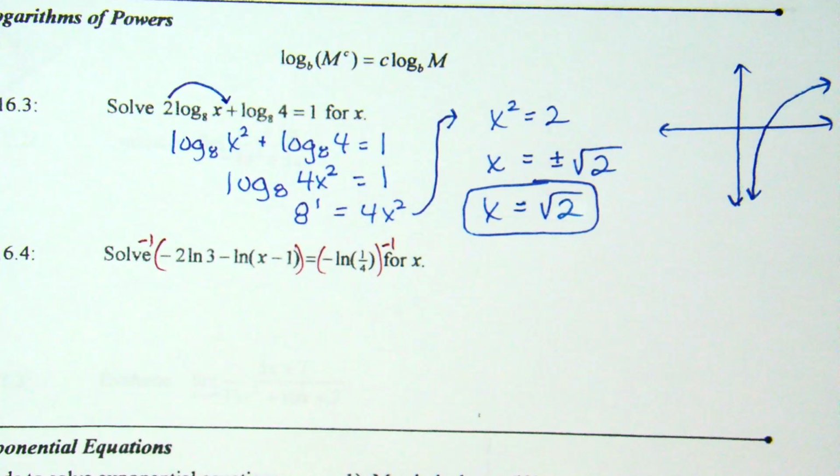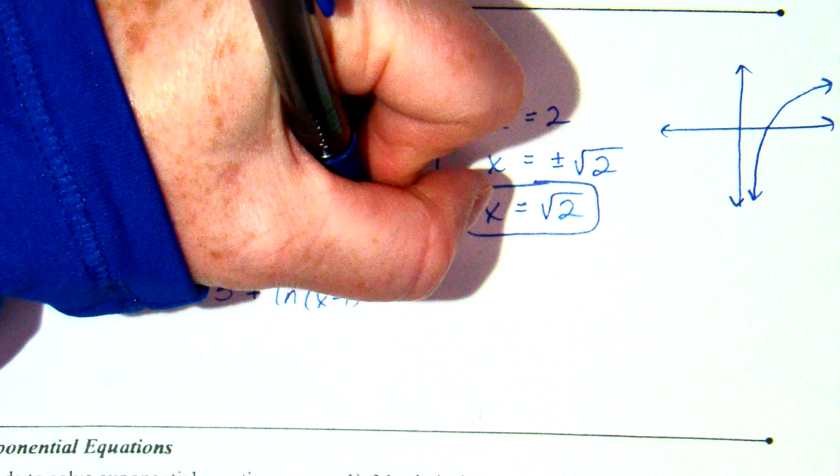So -2 natural log of 3 becomes +2 natural log of 3. Minus natural log of x minus 1 becomes plus natural log of x minus 1 equals positive natural log of 1/4. Notice multiplying by that negative does not change the insides of any of my logs. It just changes the coefficient.